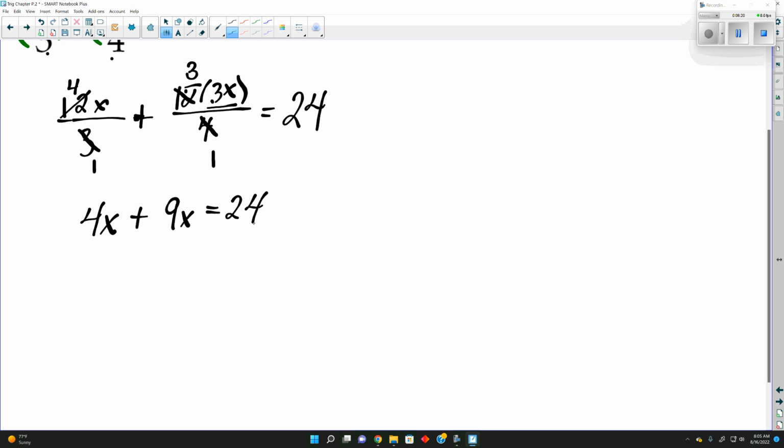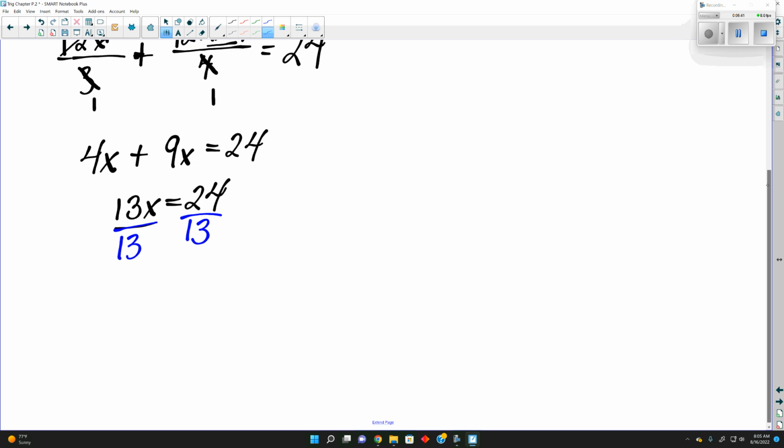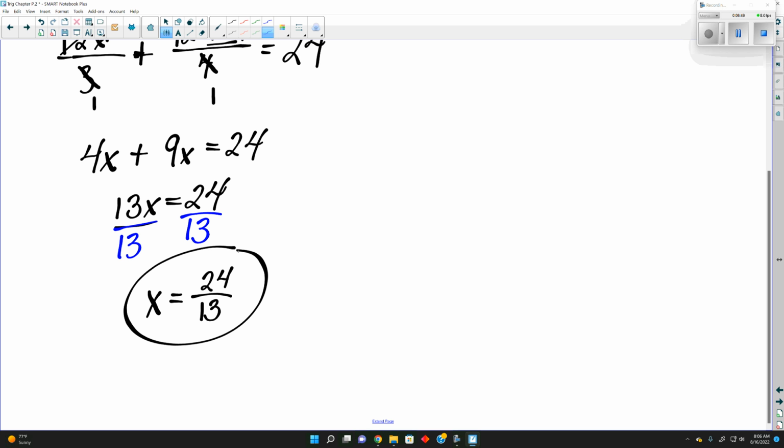So 4x plus 9x is 13x is equal to 24. And last but not least, we would divide both sides by 13, telling us that x is 24/13.